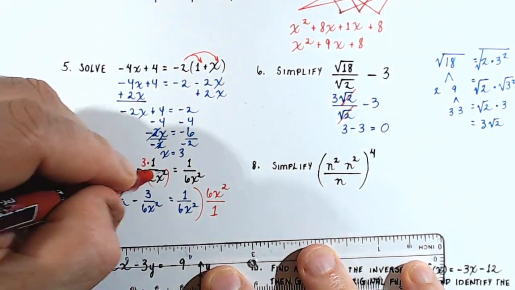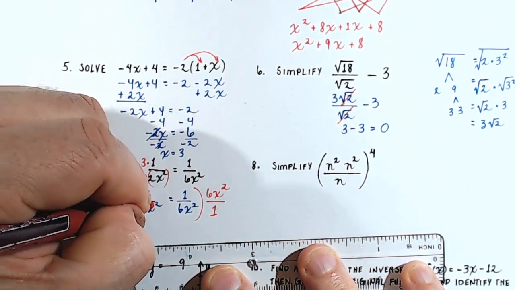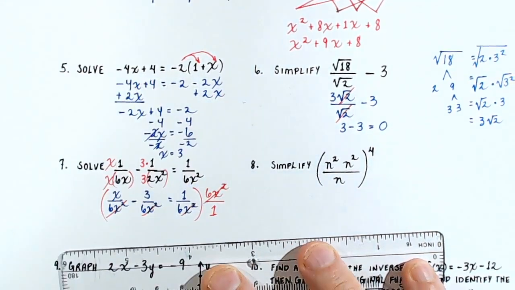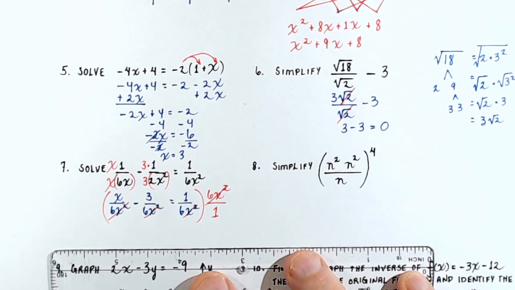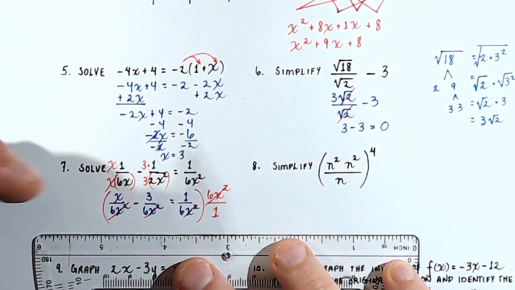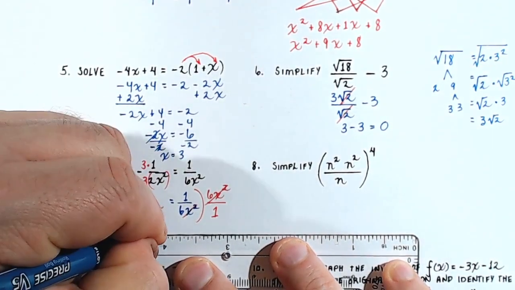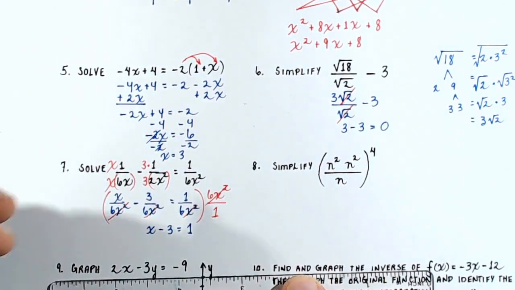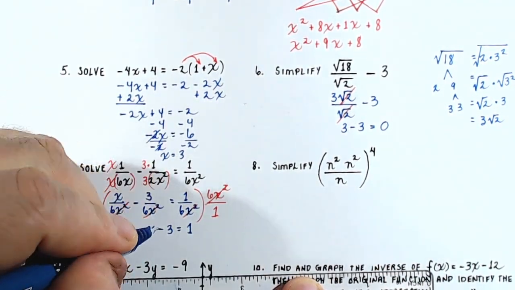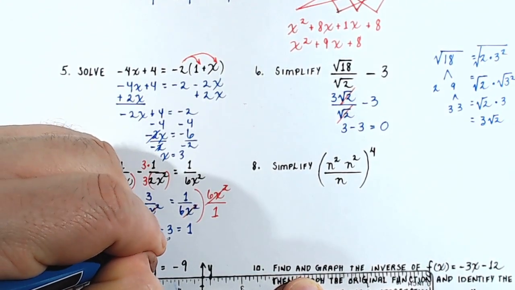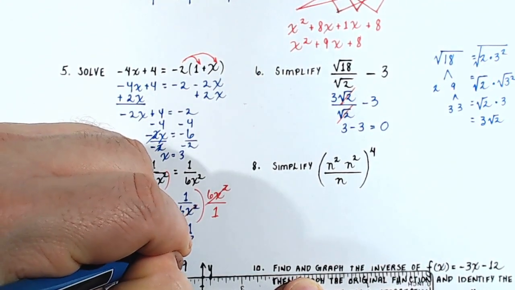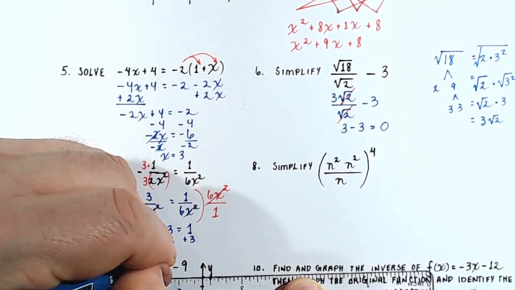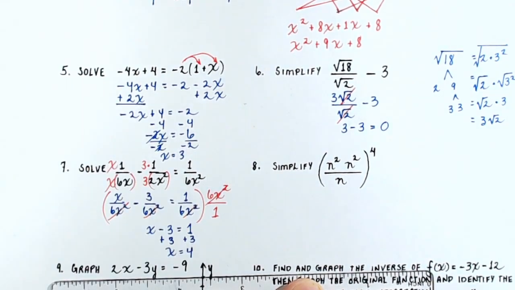But I see when I do that, I'll be able to cancel all the denominators out. Okay, that's a real cool trick. And now I've just got x minus 3 equals 1. You can do that every time you've got common denominators like that. It's really neat. So now I'll add 3 to both sides, and I see that x equals 4.